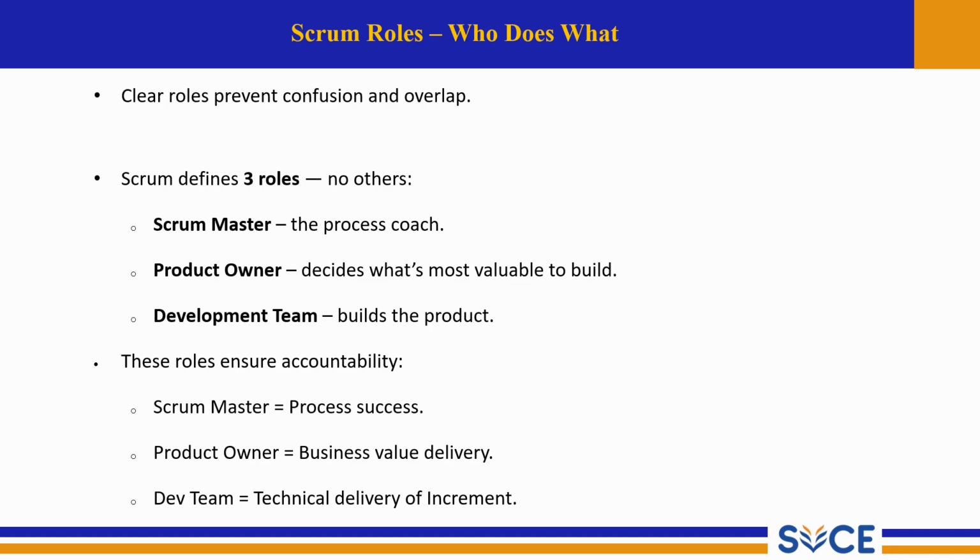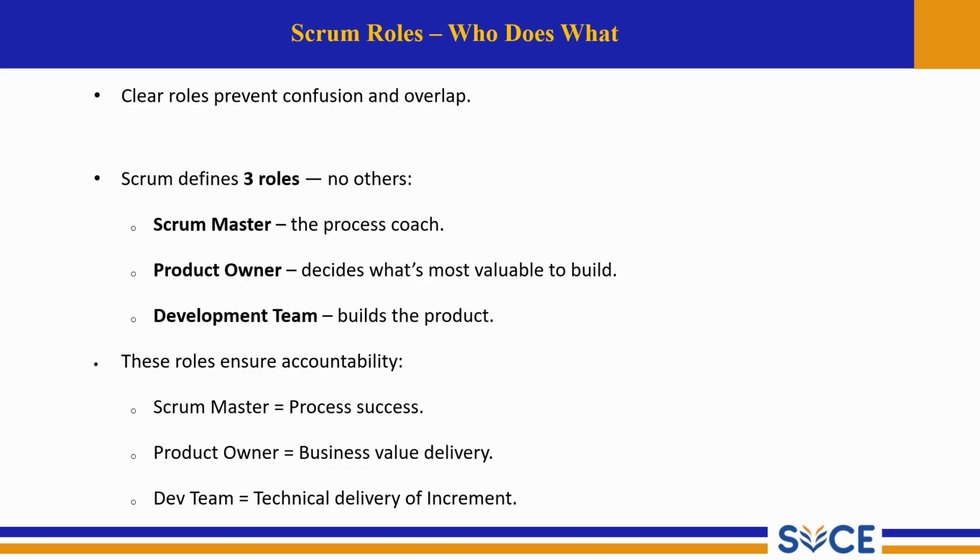Who does what? Clear rules prevent confusion and overlap. Scrum defines 3 roles, no others. Number 1, Scrum Master, the process coach. Number 2, Product Owner, decides what's most valuable to build.